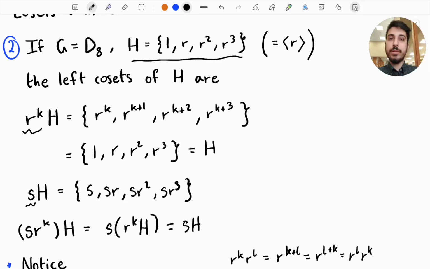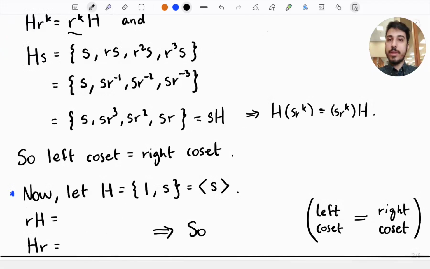This will be important. To highlight this property of left coset being equal to right coset, I'd like to give another example for H such that this is not the case. So if H is the subgroup generated by S, which is the reflection, we will take the left coset of H with a particular element, which is just R. So R times H would simply be R multiplied by all of the elements in H. So it's R and RS.